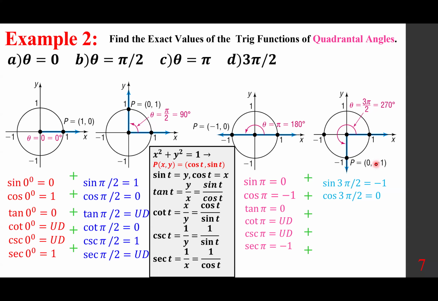And the rest follow. Tangent is sine over cosine. Cosine is 0, makes it undefined. Cotangent is the reciprocal, makes it 0. Cosecant is 1 over sine, so the reciprocal of that is negative 1. And secant is undefined.